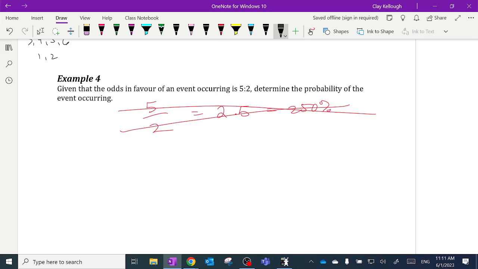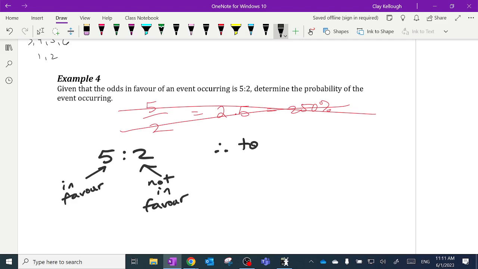Well, remember that this ratio of 5 to 2 is in favor and not in favor. So that means the total possible events is what? There's 7 things that can happen.